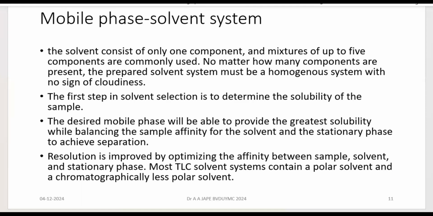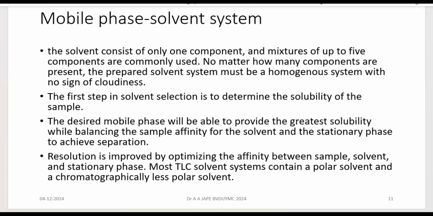The stationary phase water, that is of cellulose, or in case of silica gel, is tightly held on the matrix. That is cellulose in case of paper and silica atoms of silica gel. So it is not going to mix up with the mobile phase, right? So the mobile phase can have water as one of the components of the solvent system.